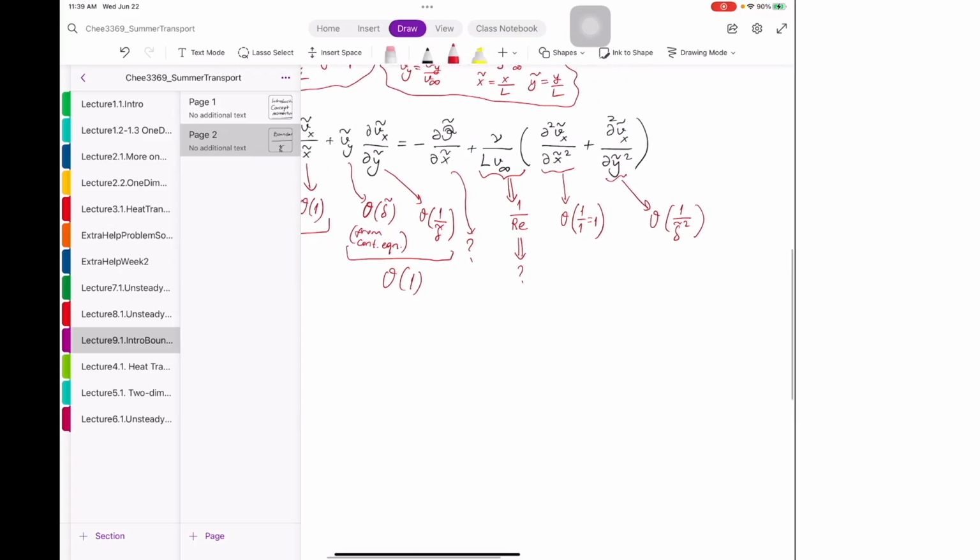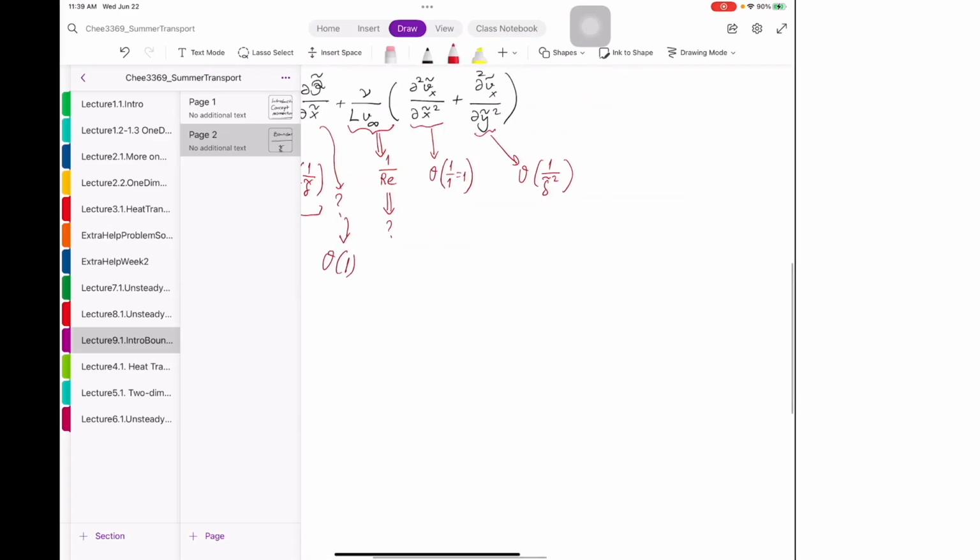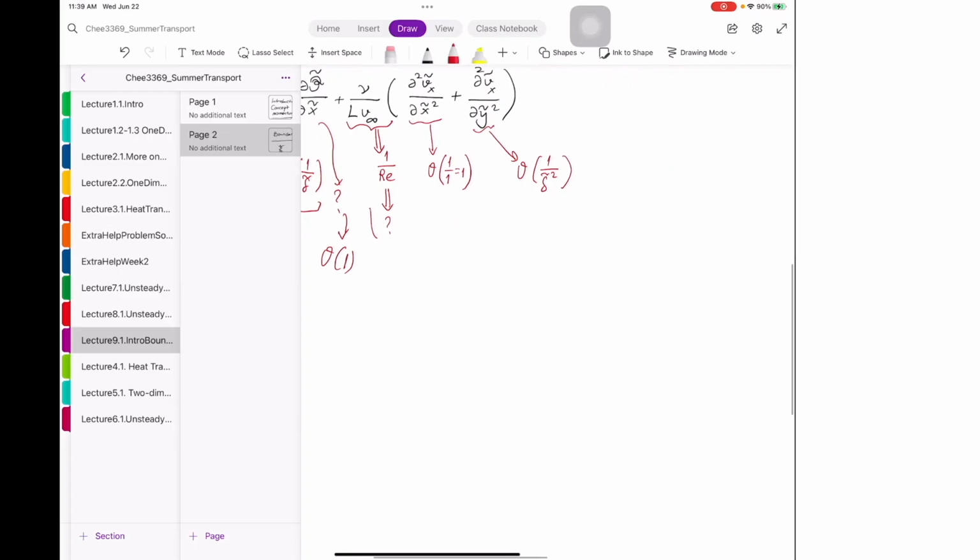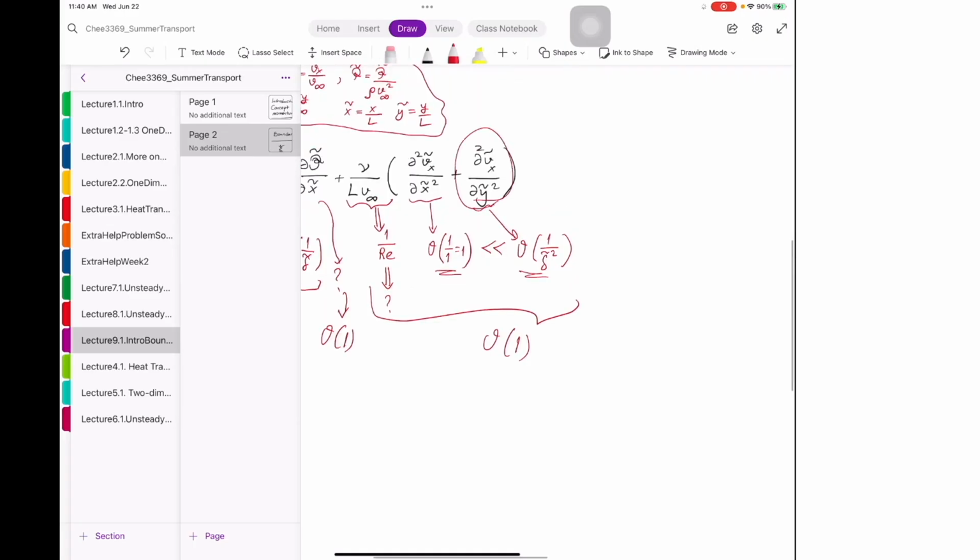It means that this term must be in the order of 1 as well, and this entire thing must be in the order of 1. And if you add the two things, since one is much larger, the other is going to be insignificant. Sorry, the other way around: this one is much smaller than the other term. So this term dominates here.